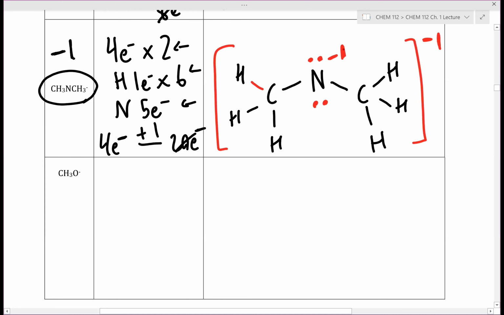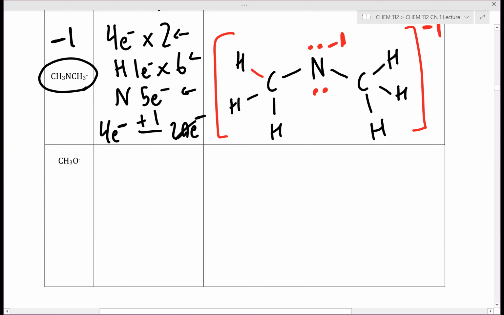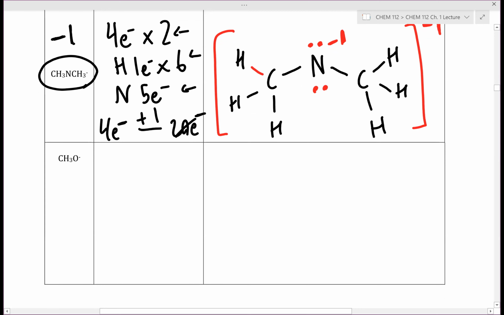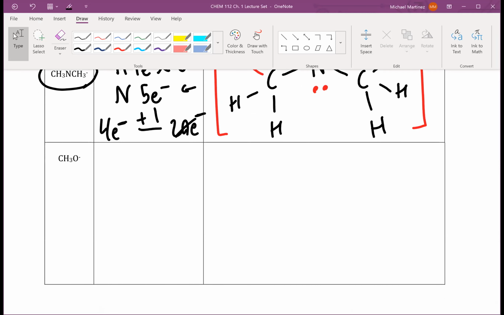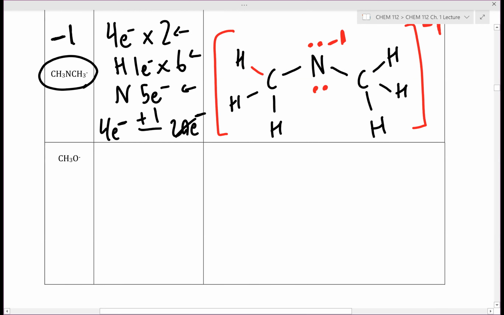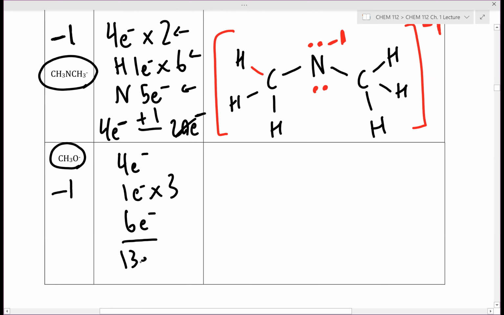For the next example, CH3O-, this is a derivative of methyl alcohol. Carbon has 4 electrons, hydrogen has 1 electron and we have 3 hydrogens, and oxygen has 6 electrons. We also have a -1 charge, so we take our 13 electrons and add 1 to it, giving 14 electrons to work with.